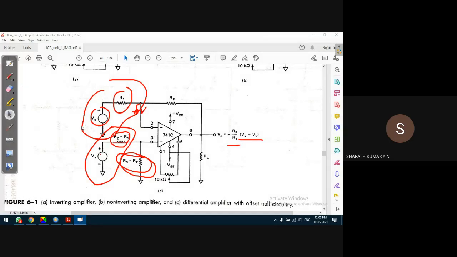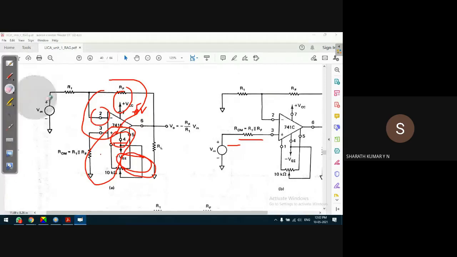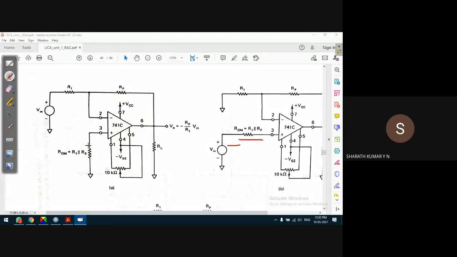In the earlier case, I'll go back to that condition. There, the non-inverting input was connected to ground. That means this is at 0 potential, which forces this point to be at 0 potential. But now the situation is different.